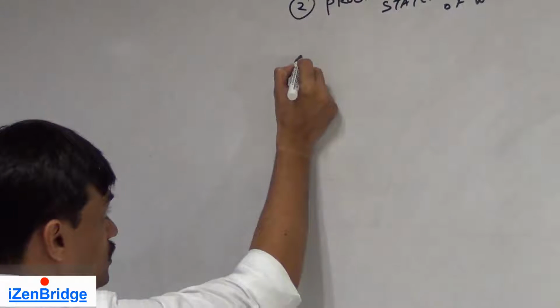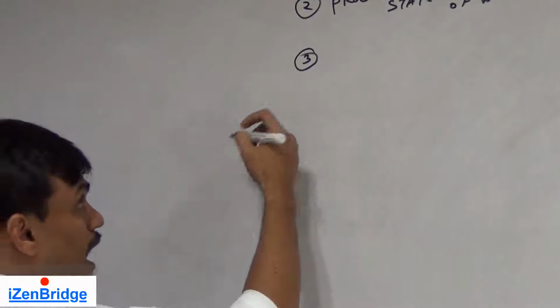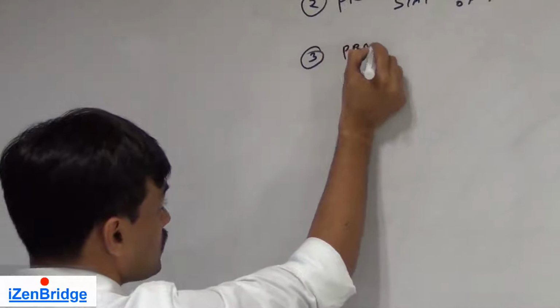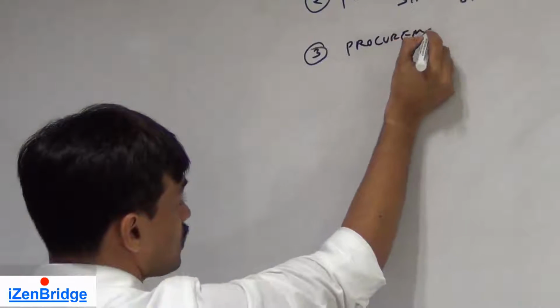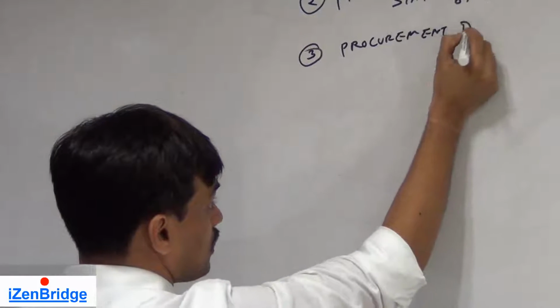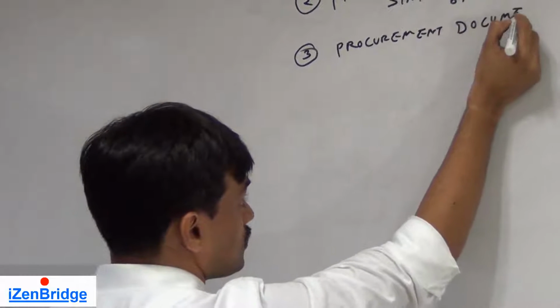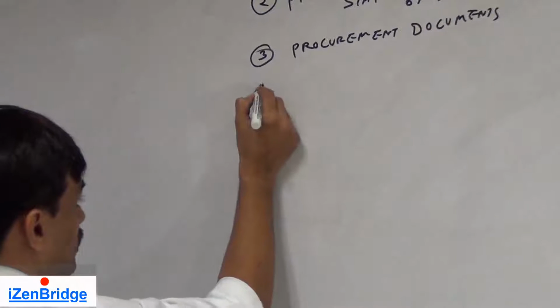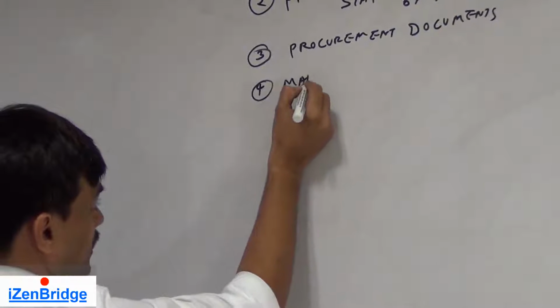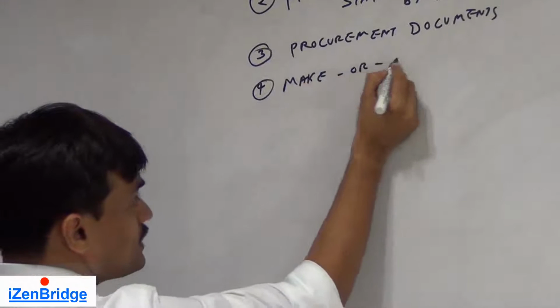The third input which is required is procurement documents, and these all are coming along with the make or buy decision.